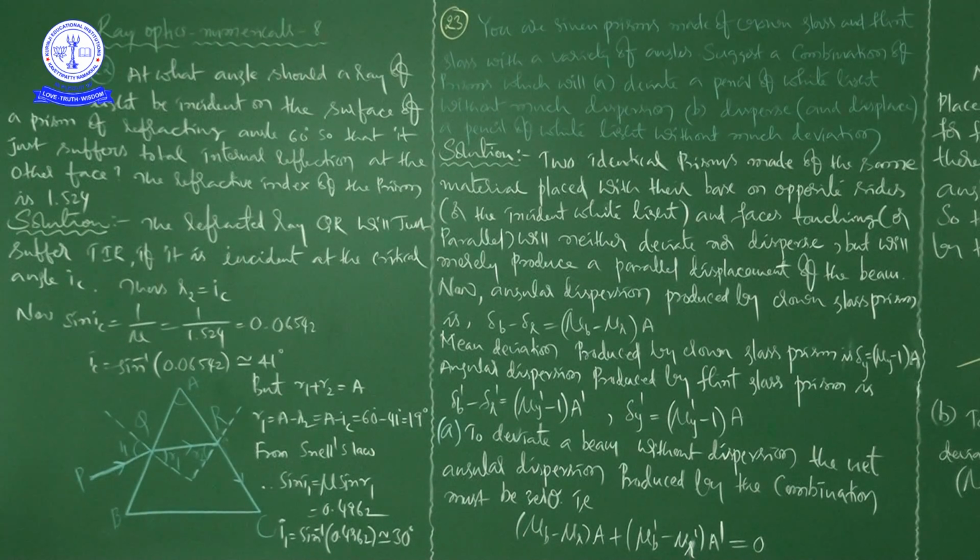Generally, if it is an equilateral triangle, you know all the angles are the same, that is 60, 60, 60. Suppose it is a right angle triangle, that will be different, but here it is an equilateral prism, a triangular prism, and what about these angles, that we will find out.